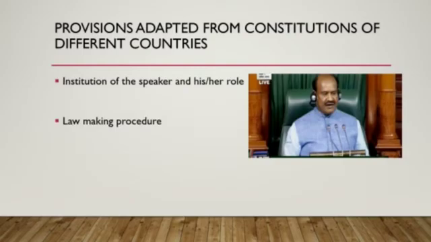Different countries follow different methods, but India follows the method adopted by the British Parliament. So we can say the law-making process is done in India according to the Indian Constitution.